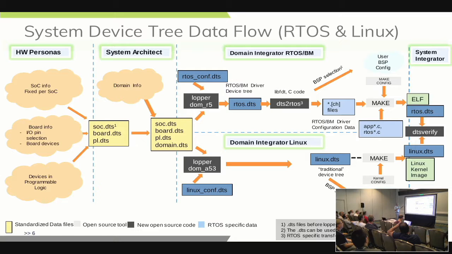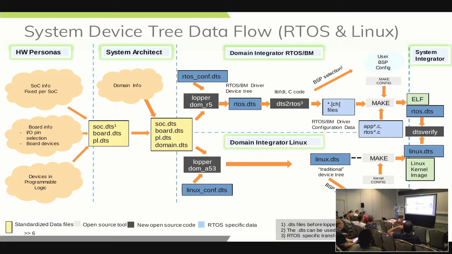So that information is also in the device tree format. So all these different things are in a device tree format. For us, you could just put them together into one file, but again, to be able to separate the different personas and so on, what we are doing is that we're keeping them as separate files.